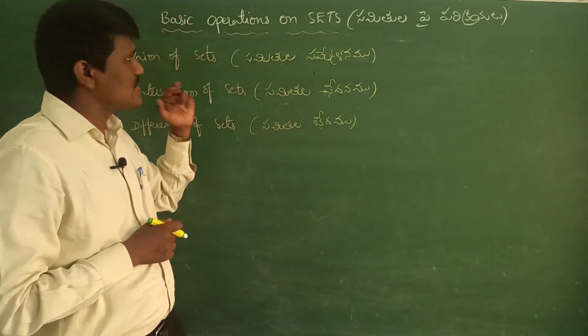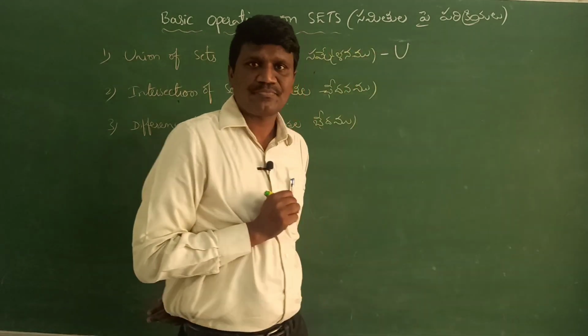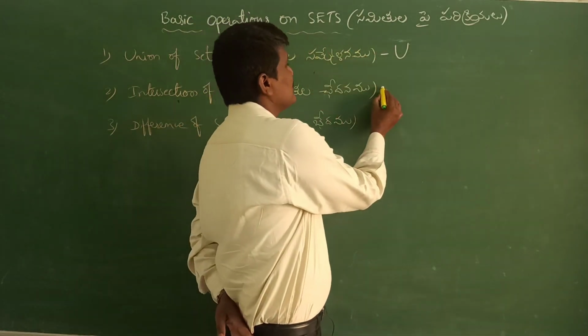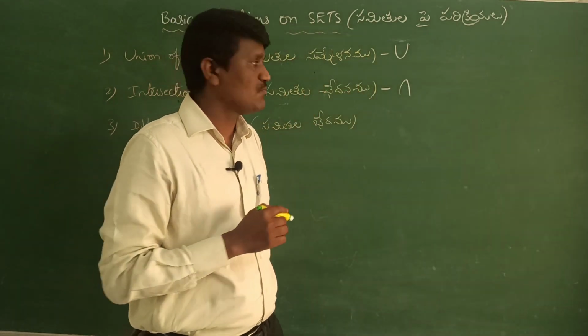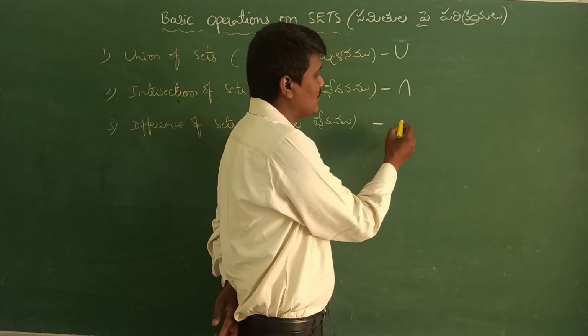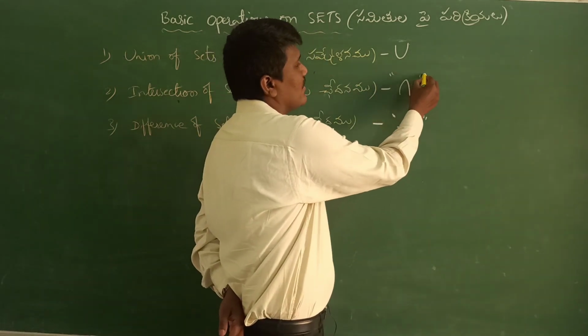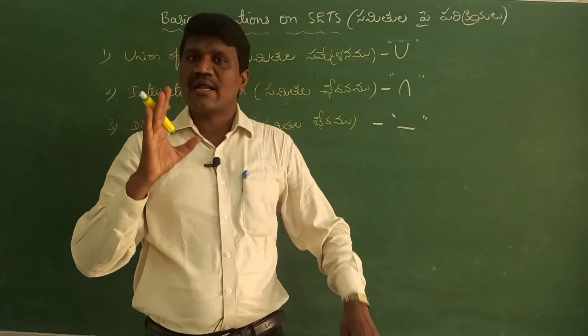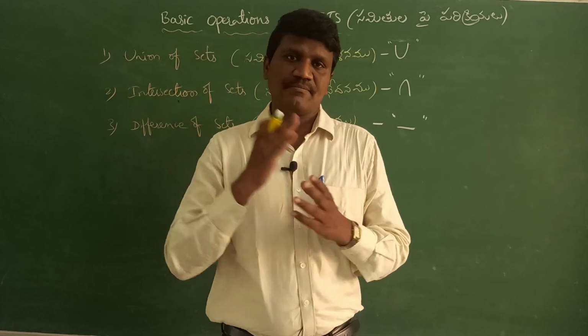So union of sets, generally we denote it by the symbol U. And intersection we denote with the symbol reverse of U, and the difference we denote with the symbol minus. So if A and B are two sets, then how to represent A union B?